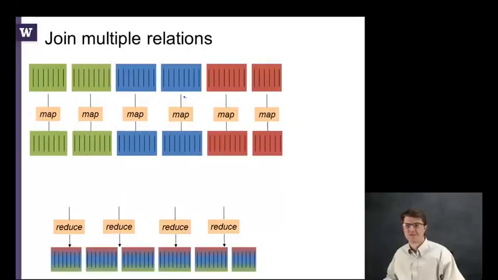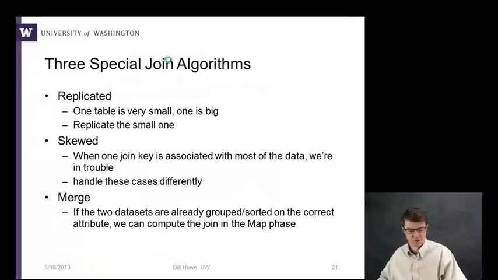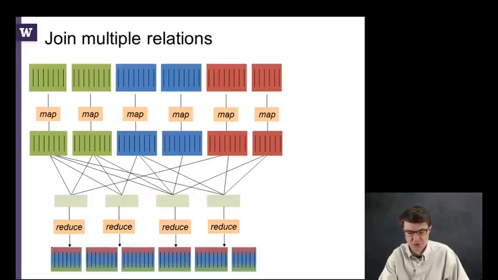Okay, so here's what it looks like. Well, if we have multiple relations represented by colors here, green, blue, and red, well, they can all be processed by the map phase and associated with keys, shuffled across the network to produce the join tuples here. Right, so there's nothing fundamentally binary about this operator. It's just processing tuples associated with the respective join keys and shuffling them all across the network.